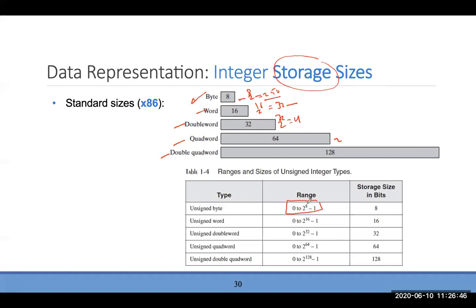So the range is 0 to 2 to the power 8 minus 1, which is what I said, 255, because 0 is part of it. From 0 to 2 to the power 8 is 256 minus 1, 255. So with a byte, you can go from 0 to 255. And with 16 bits, it works the same way.